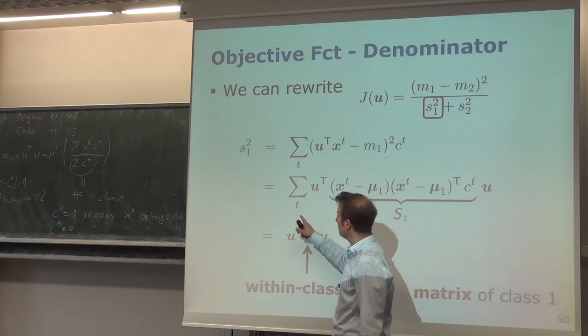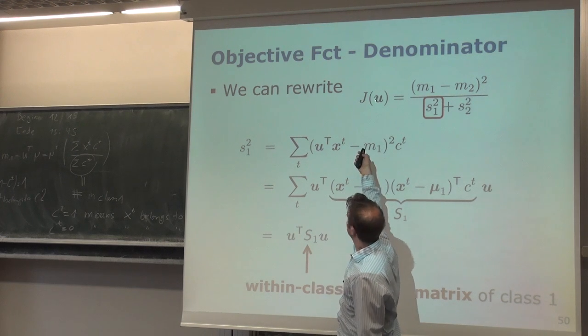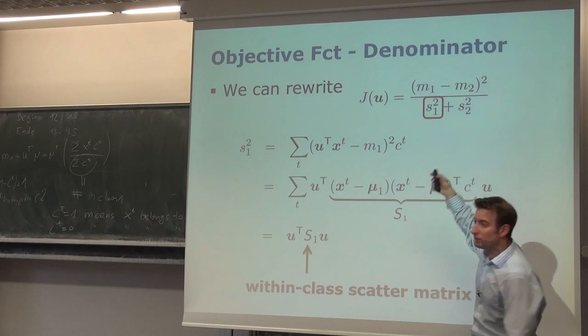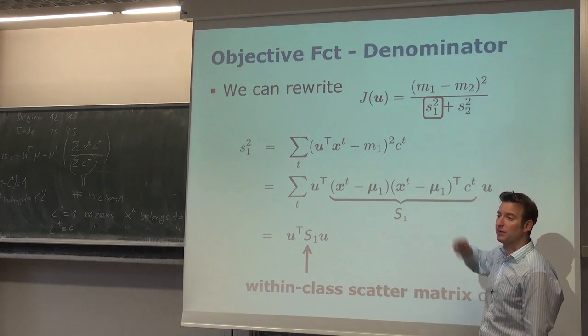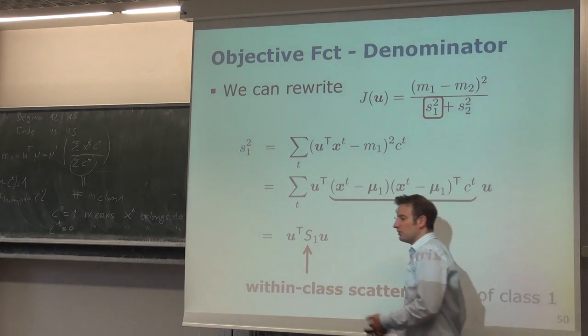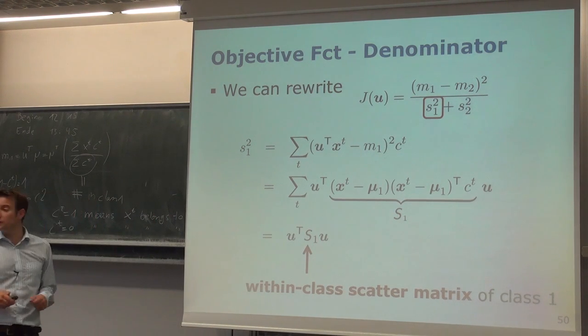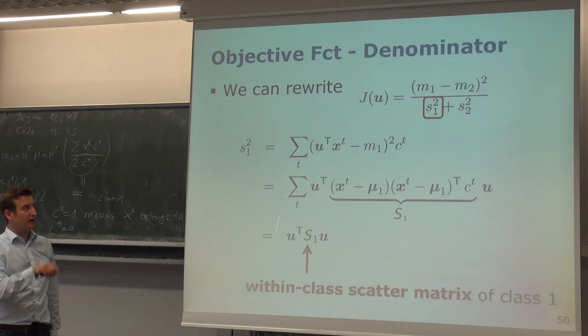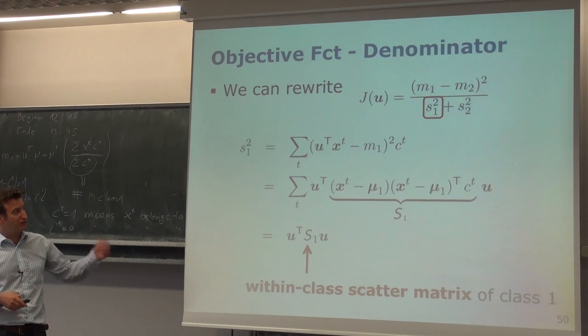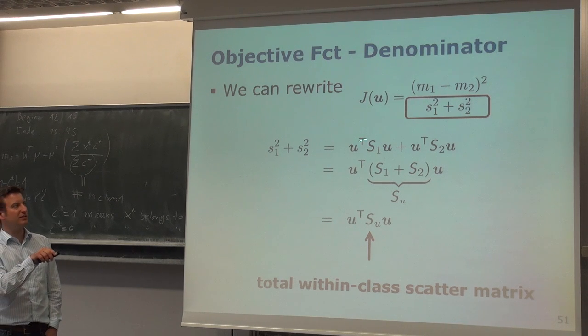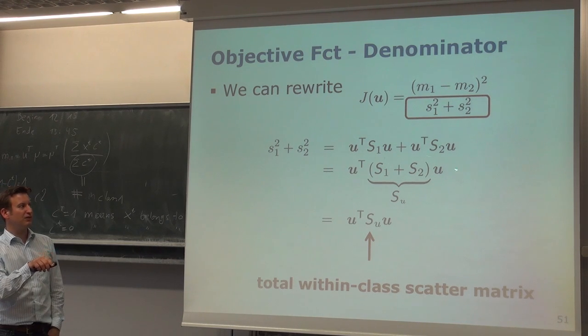And this is important because in the end, I want to solve my objective function with respect to u. So I turn that into quadratic functions with respect to u. What I then want to do is compute the first derivative. You can do that for S1, I can do that for S2. If I do that for S1 and S2, I can even combine that, saying S1 plus S2 is this expression we had before, and combine this into the total within scatter matrix.